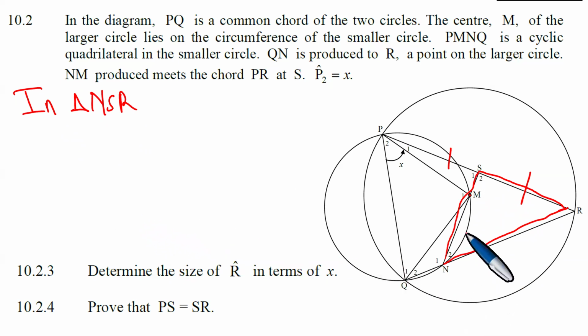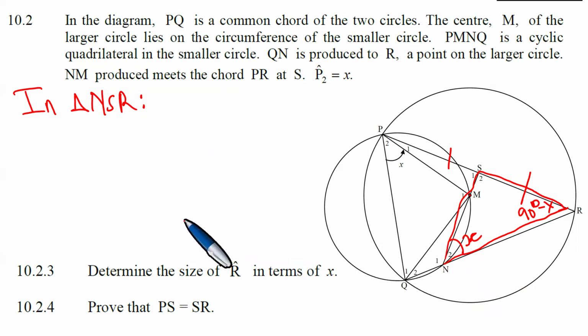In triangle NSR, we know that the angle N2 is already X. The angle R we know is 90 degrees minus X. So now the angle R is 90 degrees minus X. This one is X.